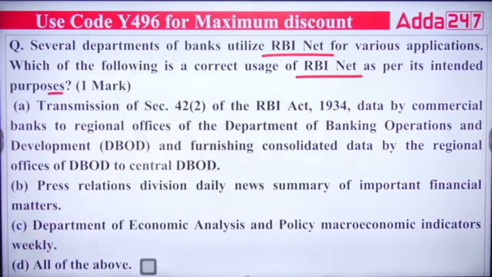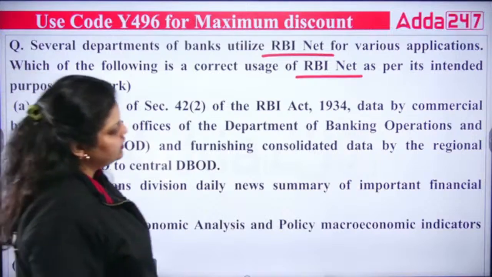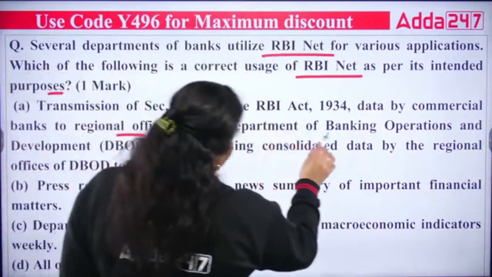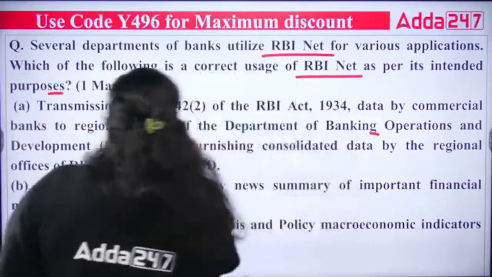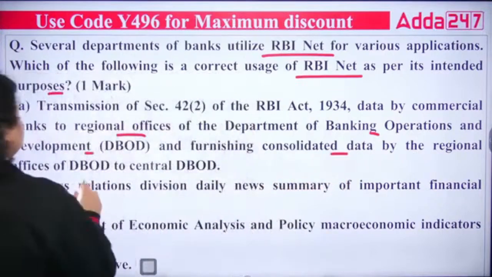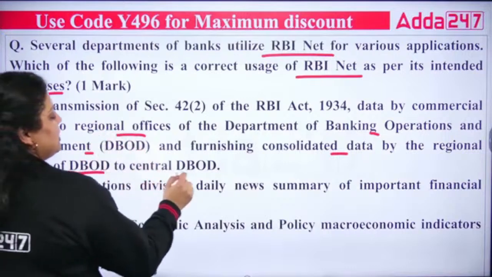First says the transmission of section 42(2) of RBI 1934 data by commercial banks to regional offices of the Department of Banking Operations and Development, and furnishing consolidated data by the regional offices of the DBOD to the central DBOD.